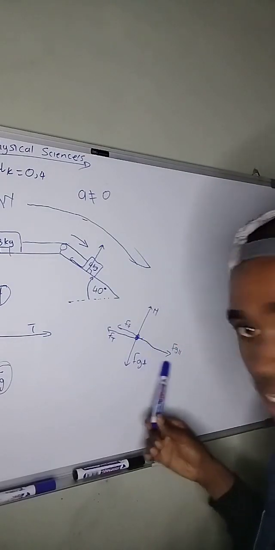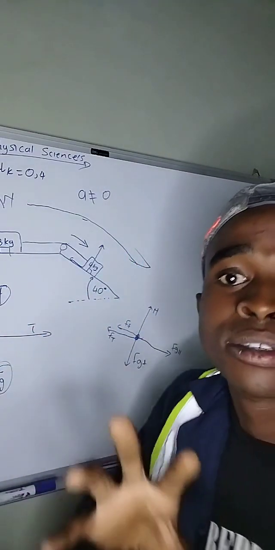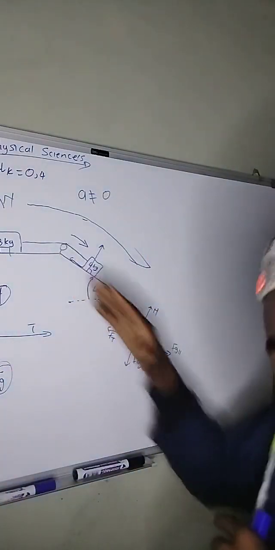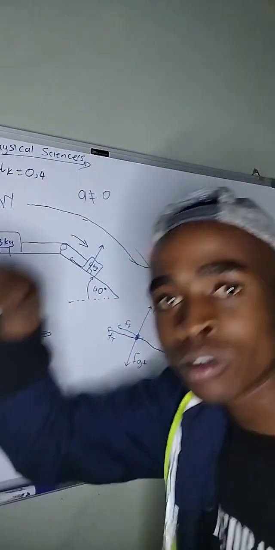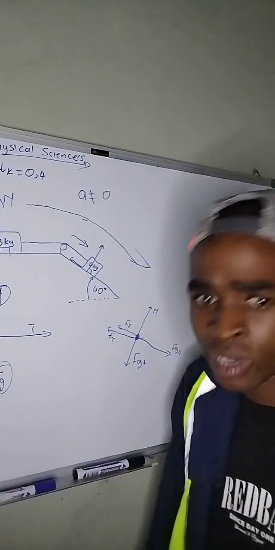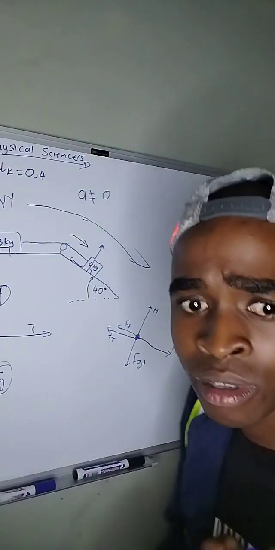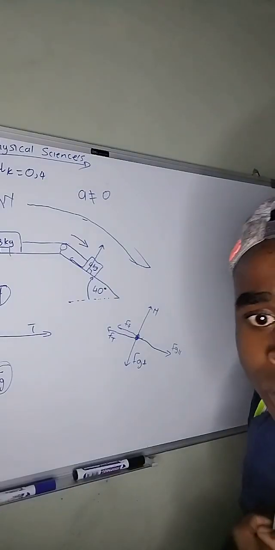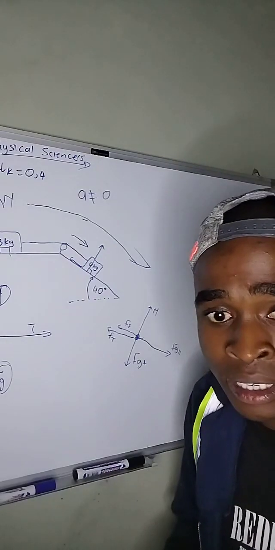Irrespective of whatever slope that you are having, whenever the slope is inclined, the FG parallel will always point down the slope. You get what I'm trying to say? Am I understandable?